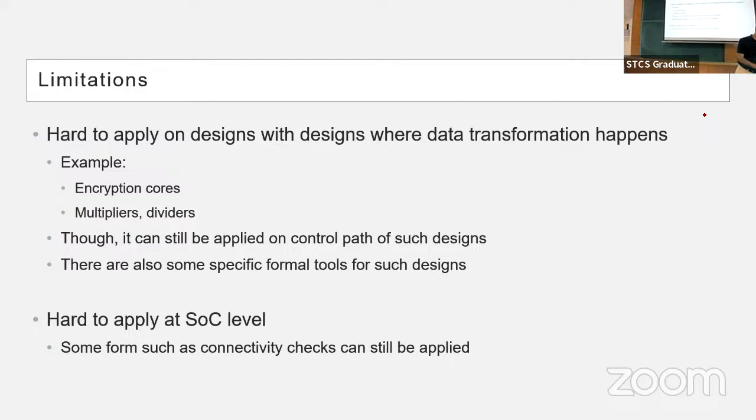Though in the industry, they are coming up with some specific tools that can be used with these kinds of designs, but not all. Some of the formal tools can actually verify multipliers, dividers, some specific architectures of multipliers.